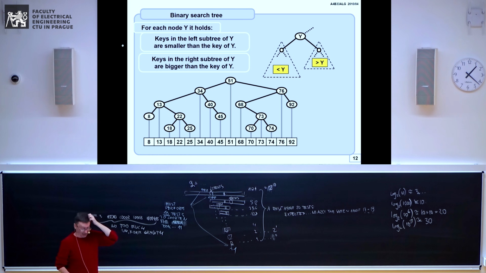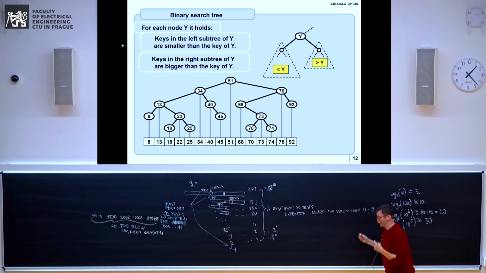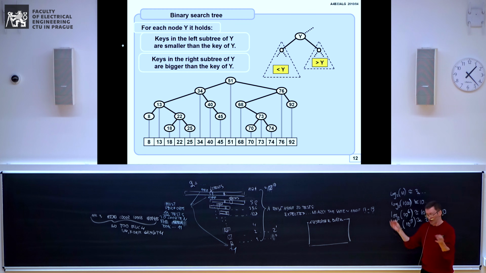A binary search tree contains some values, and those values we call keys. Typically, in a binary search tree, you store not just the keys which you see in the picture, you also store some additional data. For example, you store your customer data. And typically your customer data is big. You keep a lot of information about your customer.